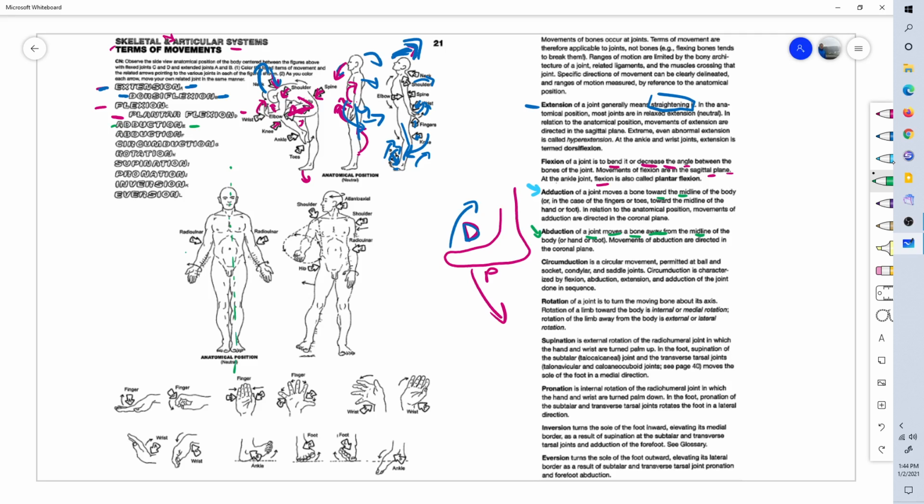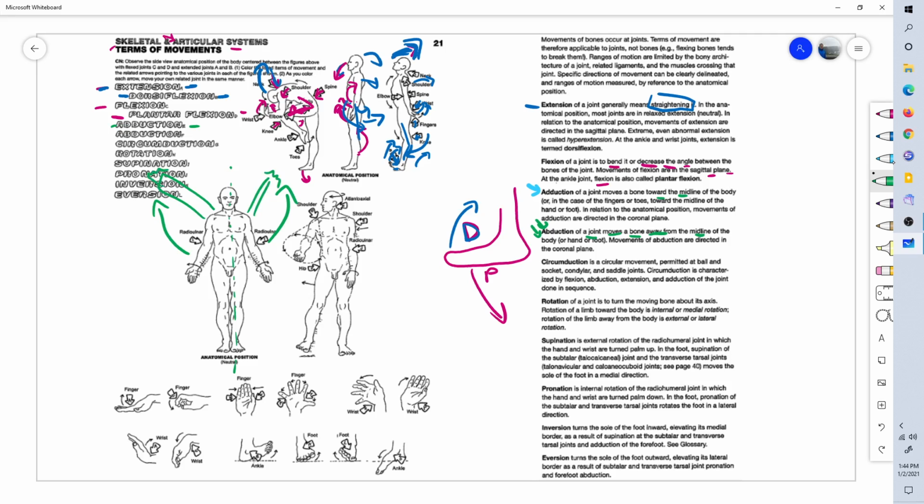So let's say this person does jumping jacks and brings their arms outward, doing jumping jacks or making a snow angel. So what would you call that motion? Away from the midline of the body, you'd call that abduction. Now in the second part of the movement, the arms are up here now.